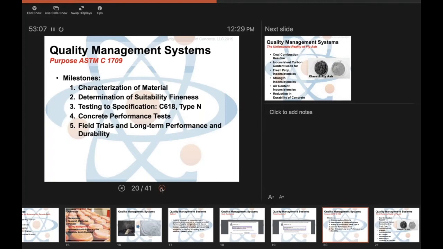Now, getting into phase 4, this is where it gets more into that practical side like I was talking about. Normally when you look at a 618, you don't see a lot of concrete tests in there. You see more of these strength activity indexes, and you might see folks using these sulfate attack tests.